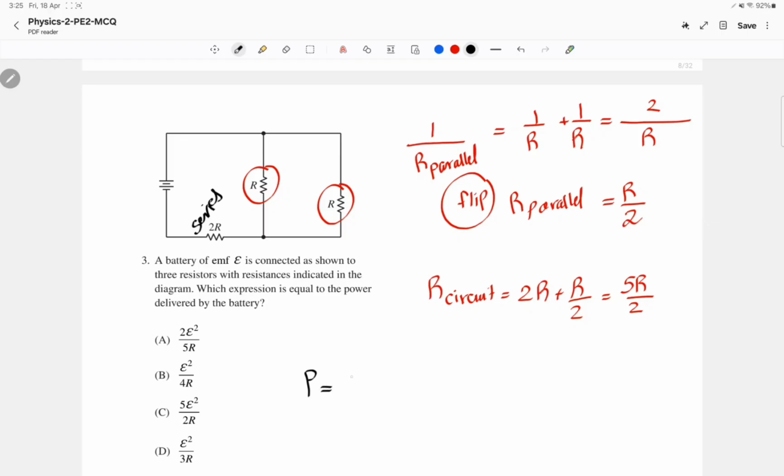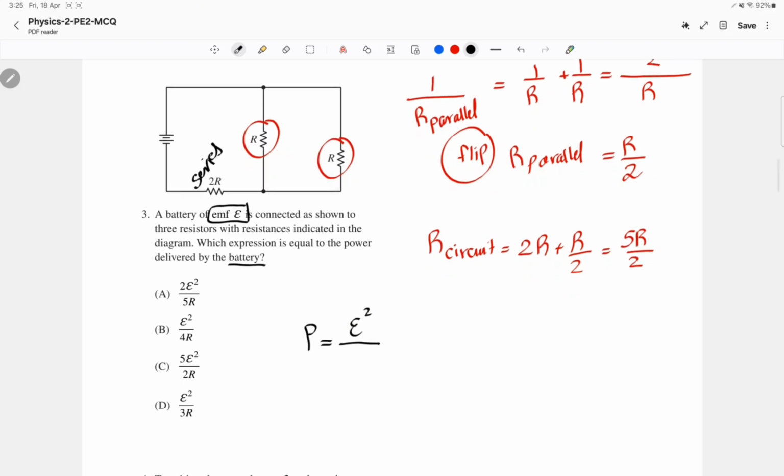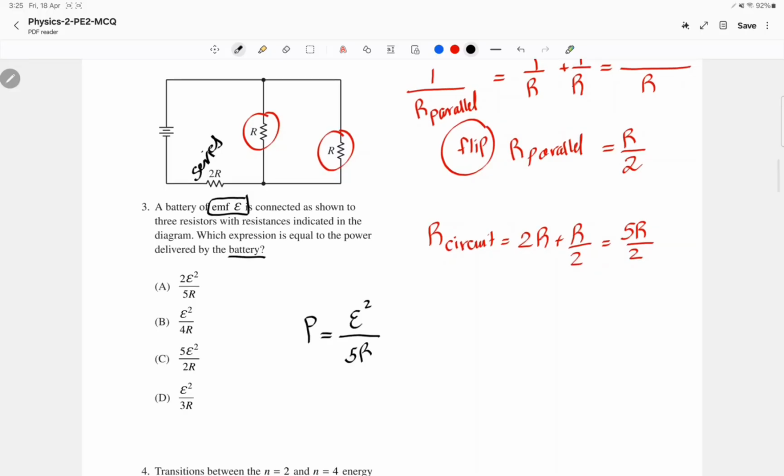One of them is going to be V squared over R. And V here is just EMF. So V squared over the R of the entire circuit, because we're looking for the battery here, which would be 5R over 2. And then if you do some math, 2 EMF squared over 5R. And so the answer is going to be choice A.